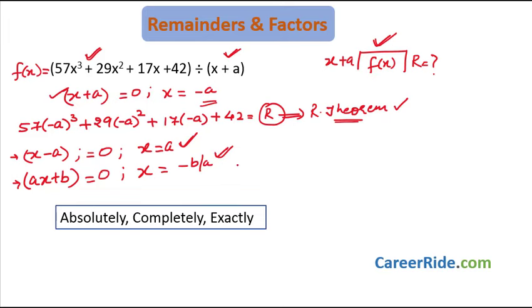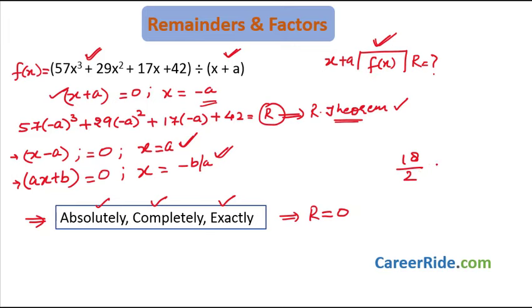Now another important thing to remember here is this. If they have given you in the question that your divisor absolutely, completely or exactly divides the polynomial, it means nothing but that your remainder is equal to 0, right? 18 is completely divided by 2, or 2 completely divides 18. What does this mean to me?